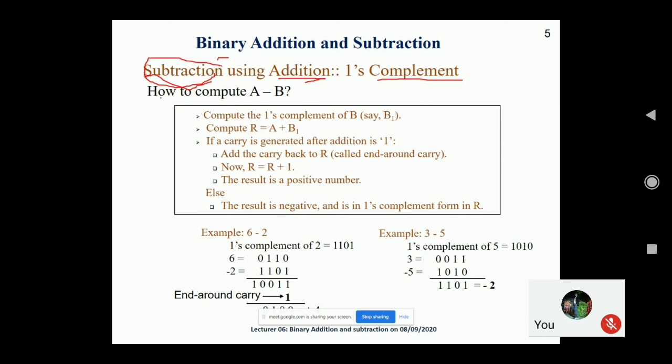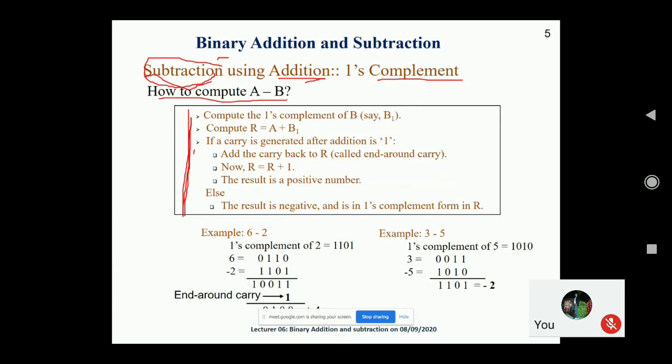Now, suppose how to compute a minus b. This is the process. You can carefully go one by one, then you can automatically understand. A value is anything and b value is anything. If we are applying the ones complement, then this is the process. The first step is to compute the ones complement of b.